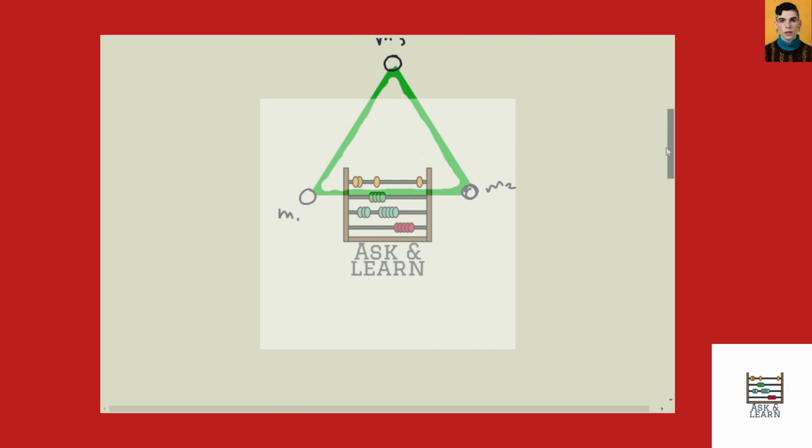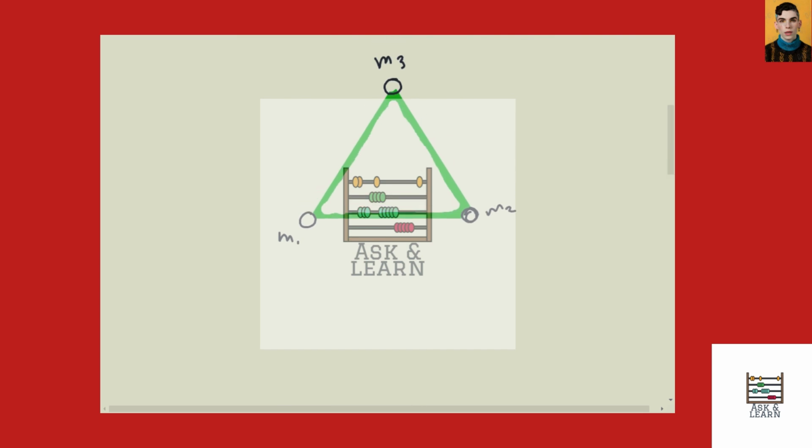Our next case is placing mass 4 in the center of the triangle. So we want to drop perpendicular bisectors to each side, and those 3 bisectors meet in the centroid of that triangle.